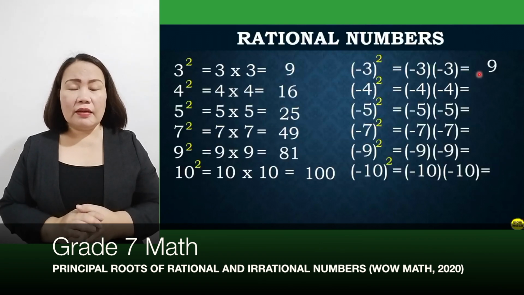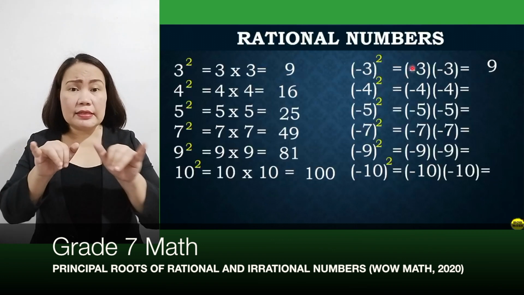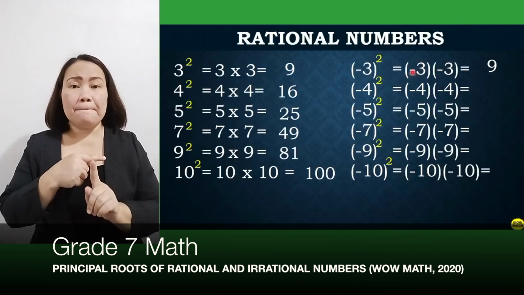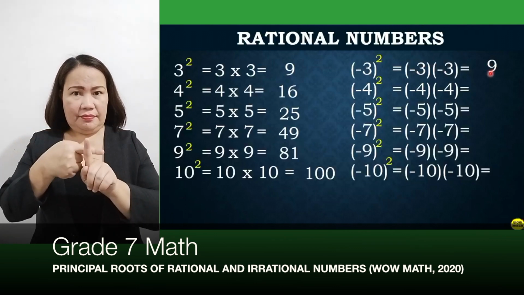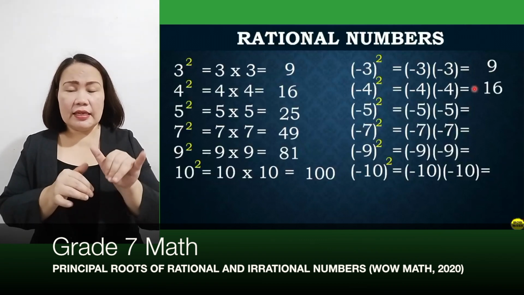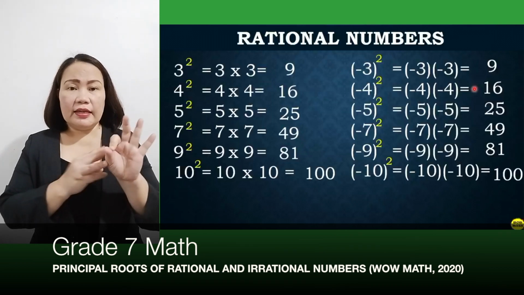We can get positive 9. Why positive? Because they have the same sign. So, when we are multiplying numbers or integers with the same signs, the product is positive. Okay? Same as the others. So, we will get 16, 25, 49, 81, and 100.